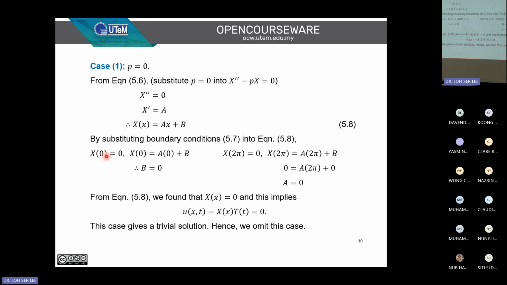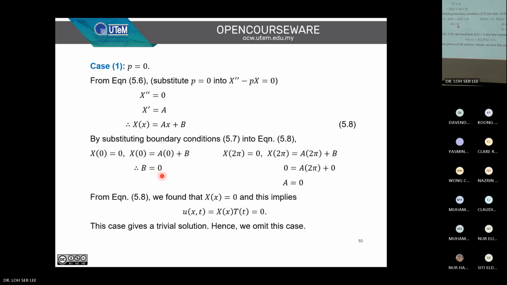When lowercase x is 0, the uppercase X is also 0. So x is 0, that means a·0 + b equals 0. But a times 0 is already 0, that means b + 0 equals 0, which is b also 0.